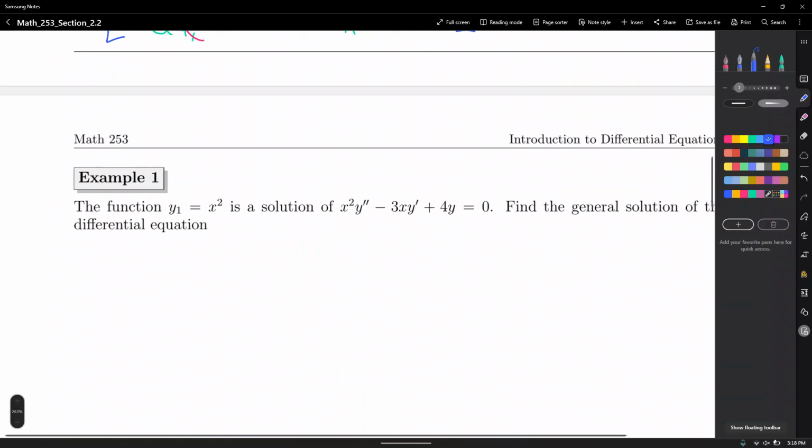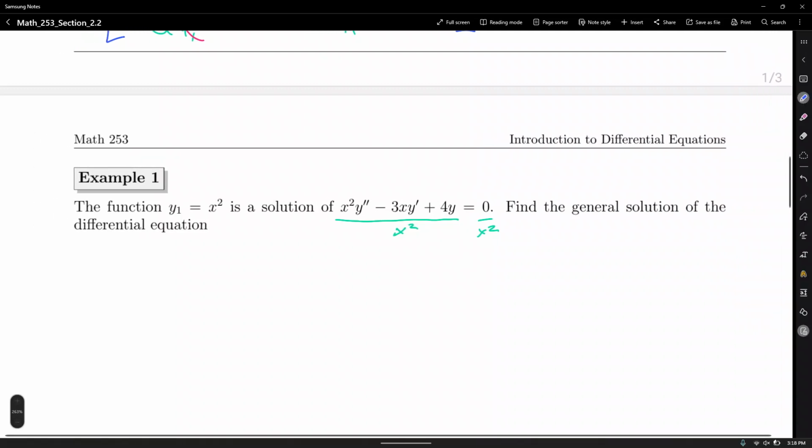And in this case, we have an x squared. So this is y double prime equals, minus 3x over x squared, which is 3 over x, y prime plus 4 over x squared y, and let that be equal to 0, because 0 over x squared is still 0.